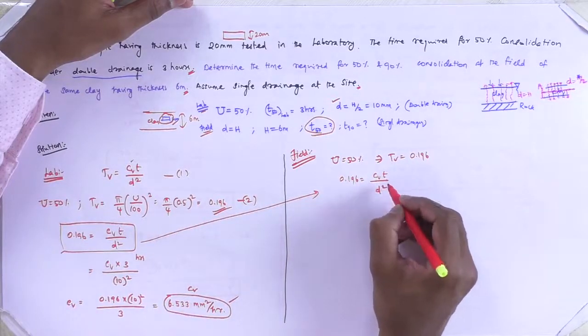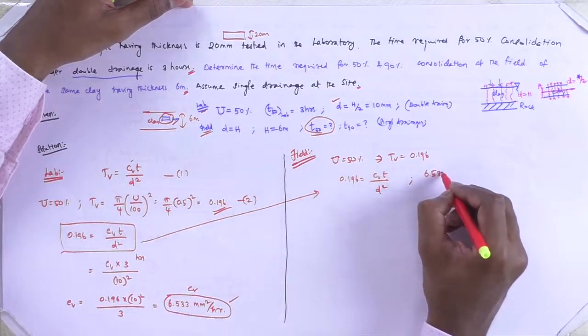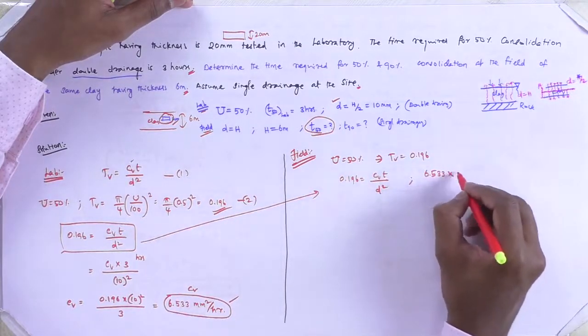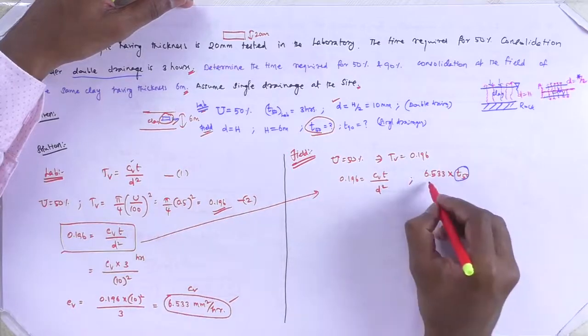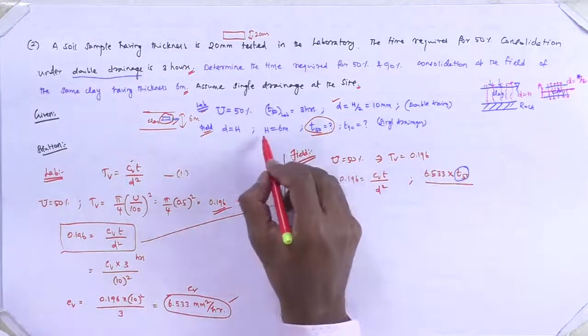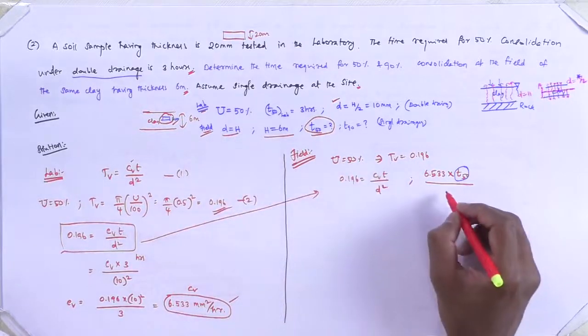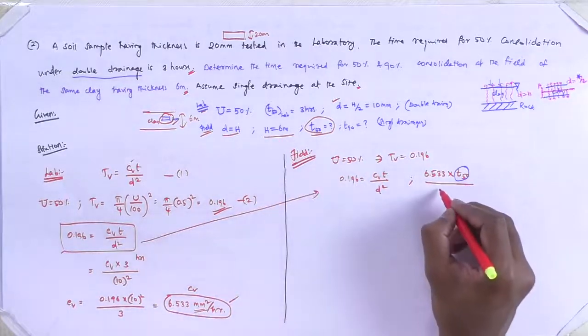In this case CV has been found, 6.533, into T50, which is our target, divided by D square. Here D equals H, so H equals 6 meters. We have taken values in mm, so let me write this as 6000 square.